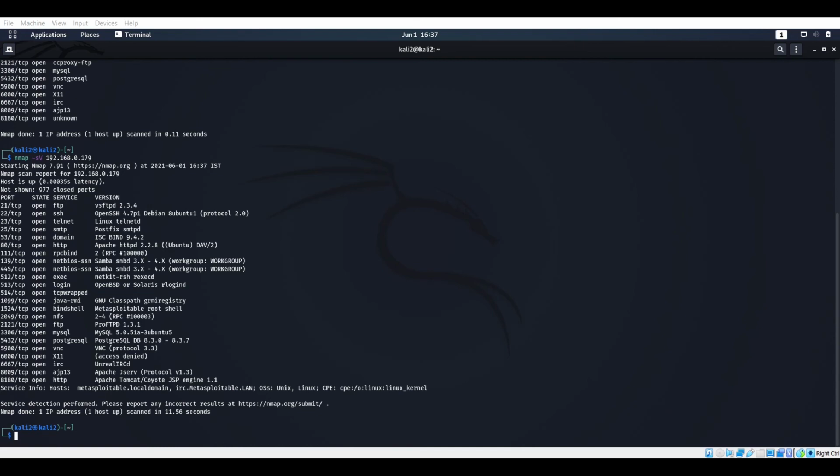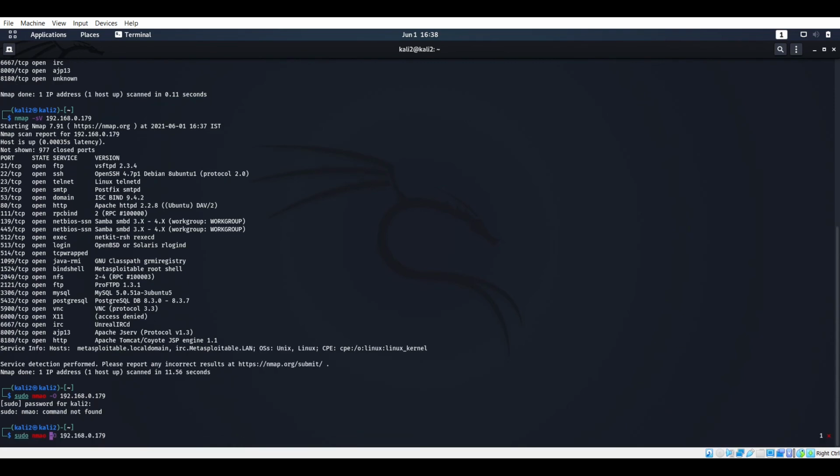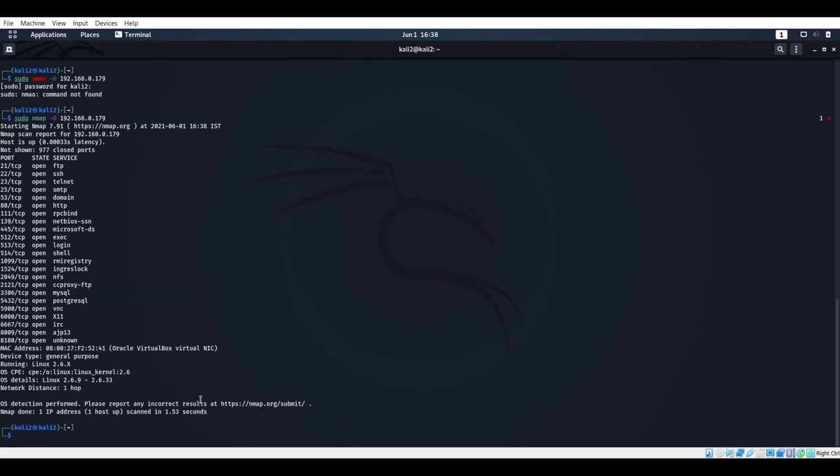Now, if we want to find the OS version, we have to run another command. Since I'm running Metasploitable, it has given me an output of Linux 2.6.x, which is correct.